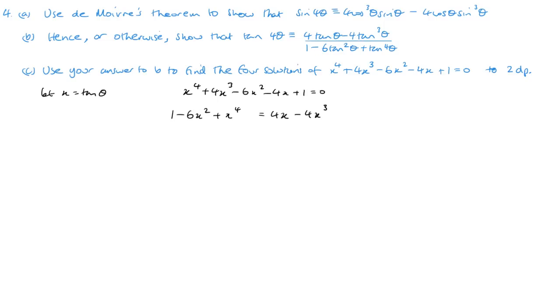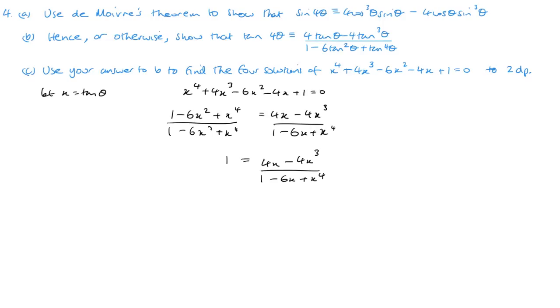It's in this form, isn't it? 1 minus 6 tan squared plus tan to the power 4. Now if I divide both sides by that, I get 1 equals 4x minus 4x cubed over 1 minus 6x squared plus x to the power 4.